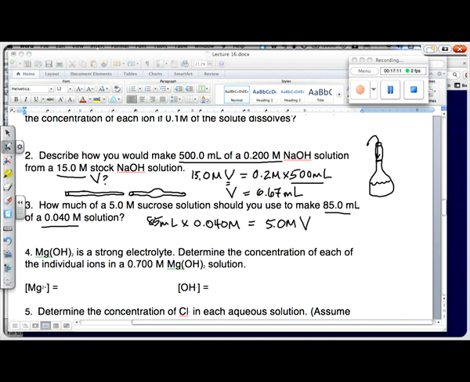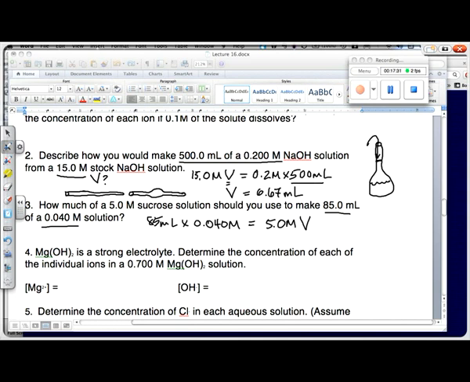So 85 times 0.04 divided by 5, and I get 0.68.